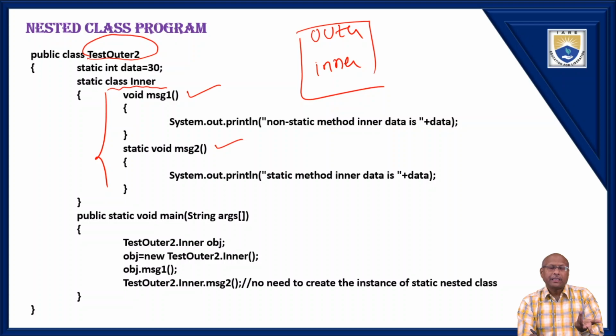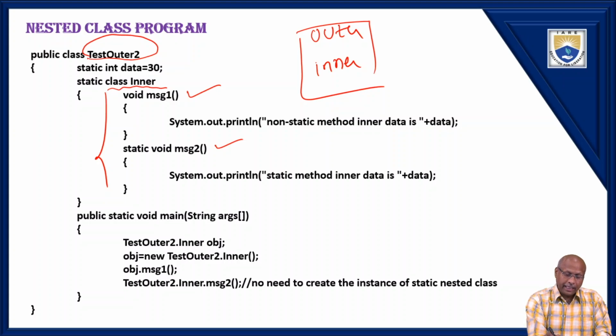Sometimes only methods will be there, so you can define that class also. Here I have only two methods: MSG1 is non-static, whereas MSG2 is static.